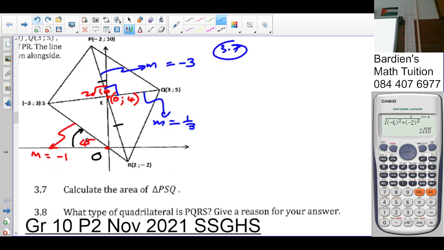PSQ. So how do you calculate the area of a triangle? Area of a triangle is half base times perpendicular height, not so? So the area of this triangle is going to be half my base, which is SQ, and the perpendicular height, which is PE.